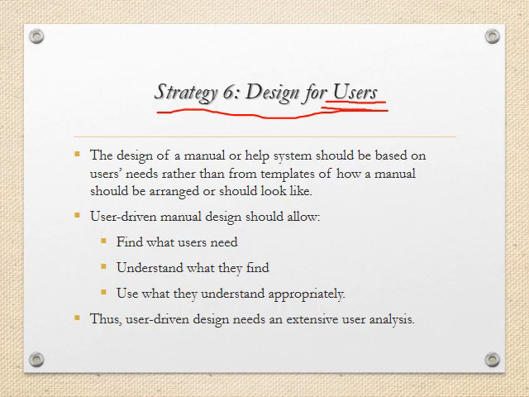The design of a manual or help system should be based on the user needs rather than on templates of how a manual should be arranged or should look. So basically, when we design for the user, we don't need to follow a specific template or form. We need to follow the user needs, the user task, their scenarios, and how they perform the task in their environment.